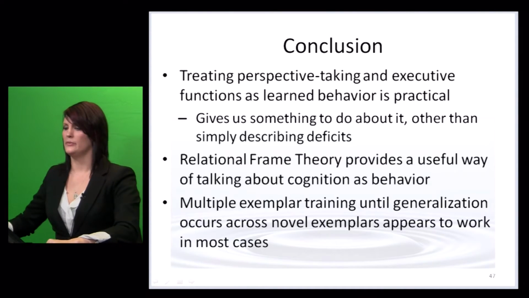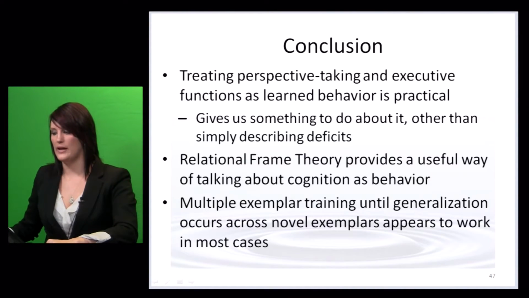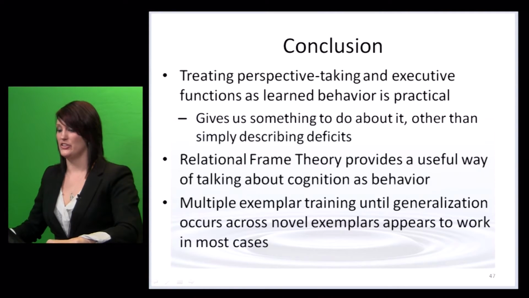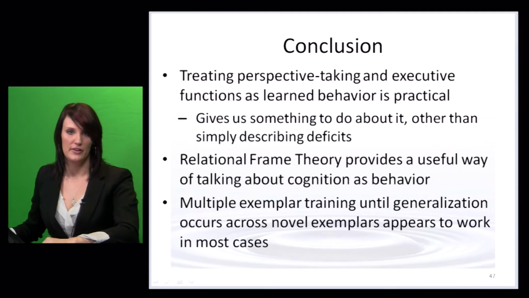As I mentioned earlier, relational frame theory provides a useful way of talking about cognition as behavior and how that behavior develops in the lifetime of an individual. But a discussion of relational frame theory is available in other presentations and not this one today. Multiple exemplar training until generalization occurs across novel exemplars appears to work in most cases.